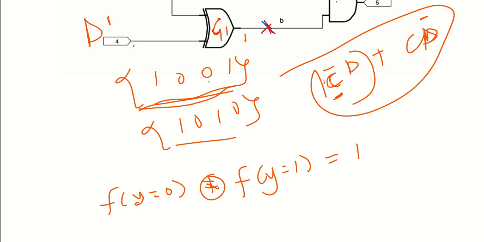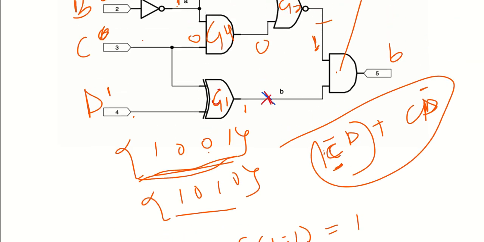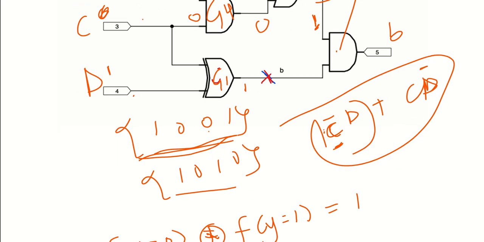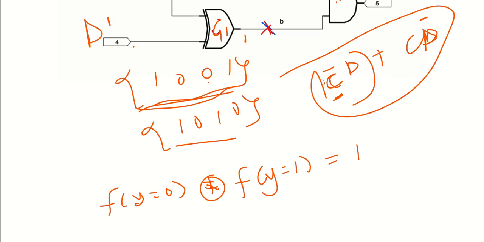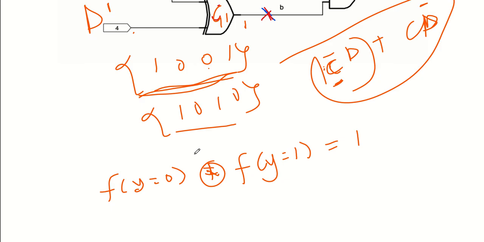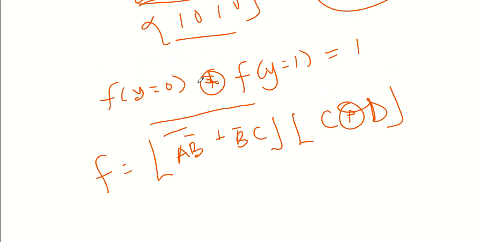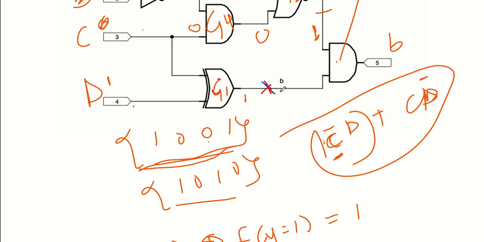So when we write the Boolean function of the whole circuit, I think we wrote it yesterday. Let me get it quickly for us. So our function f is something like this. And when we look at the diagram, we realize that our b, or small letter b, is just the output of the XOR function.